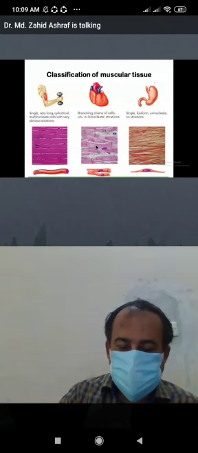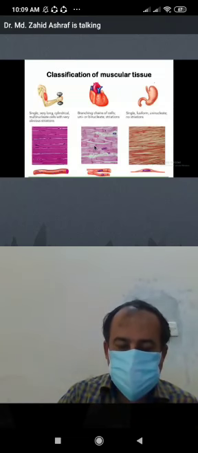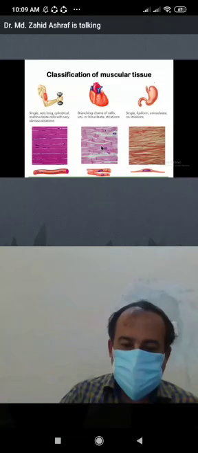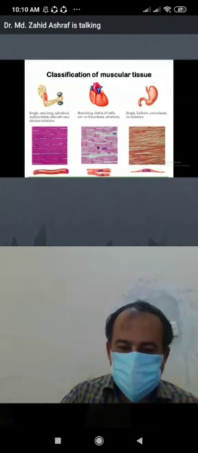Some striation is also present for the contractile unit of the muscle fiber, and this striation is less distinct than in skeletal muscle.